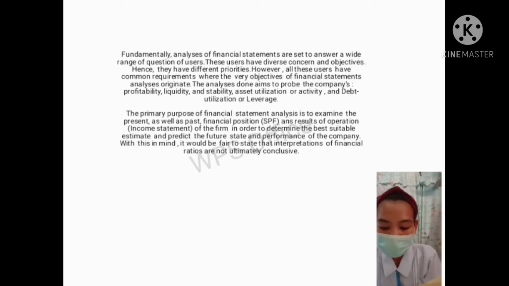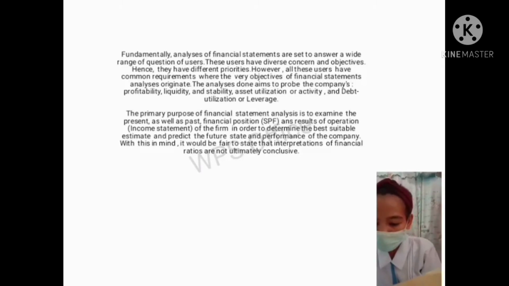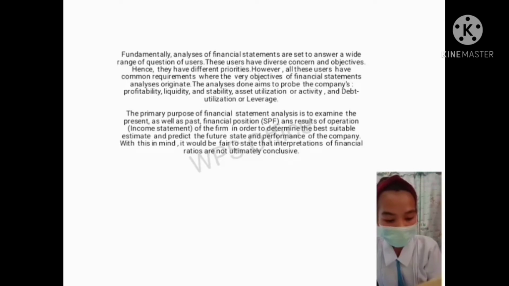However, all these users have common requirements where the very objective of financial statements analysis originates. The analysis then aims to prove the company's profitability, liquidity and stability, asset utilization or activity, and debt utilization or leverage.